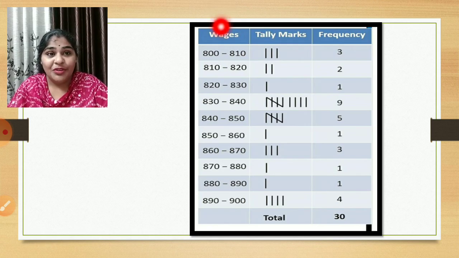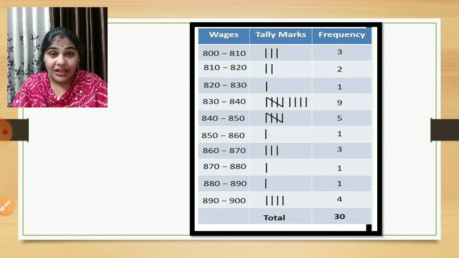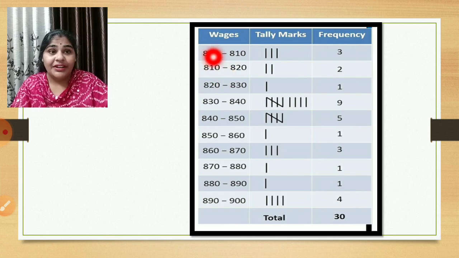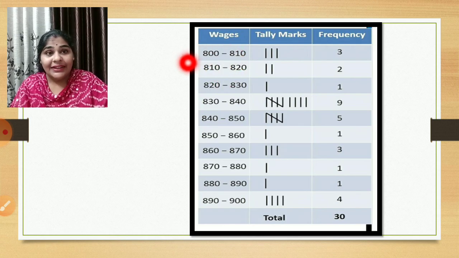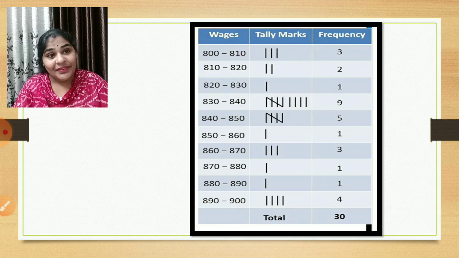The first column is wages. Here the class intervals start from 800 to 810, 810 to 820, 820 to 830, 830 to 840, and so on till 890 to 900, right?